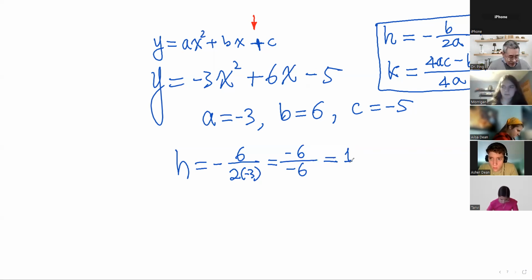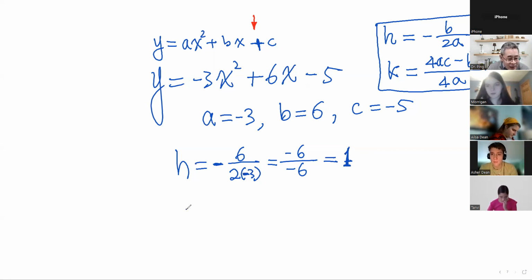Yeah, make sure the sign, because this is -6 over 2a. A is negative, so there's a negative and negative. We should have a positive. So what about now? H is +1. Good? Mhm. Yeah, make sure you take care of the sign.